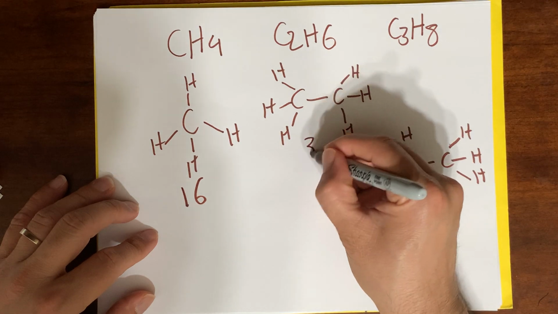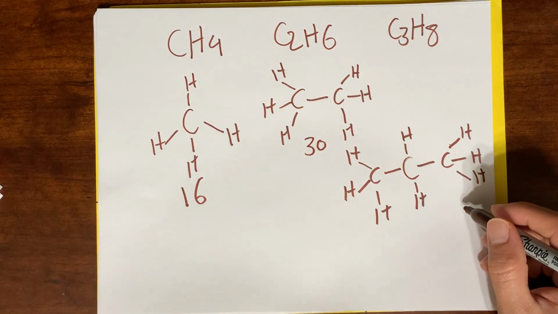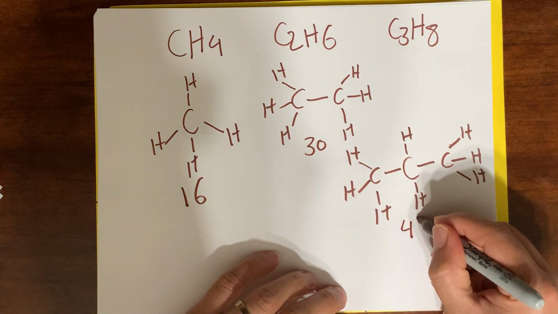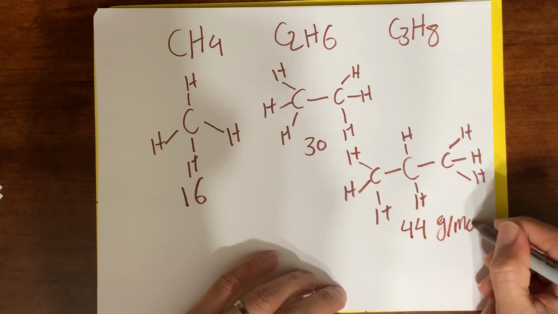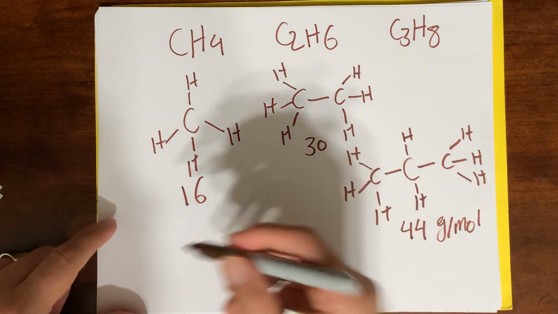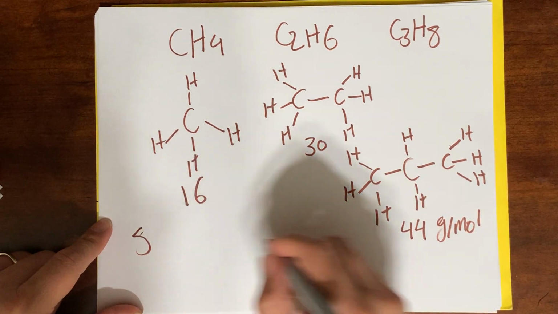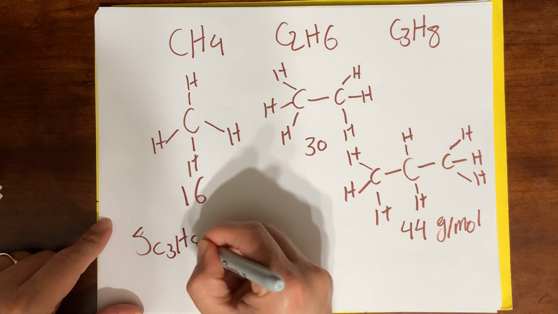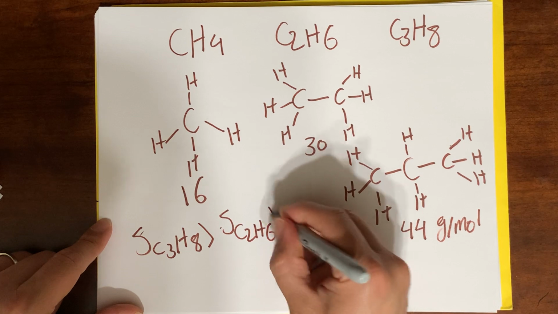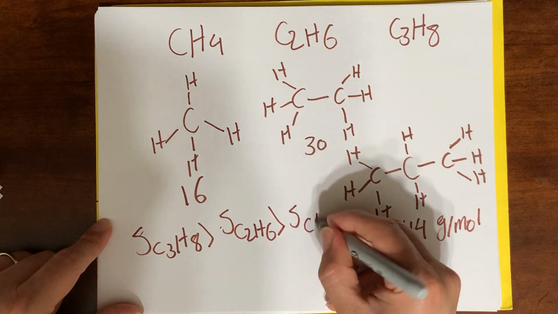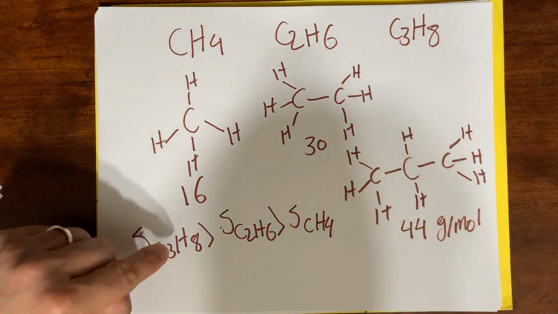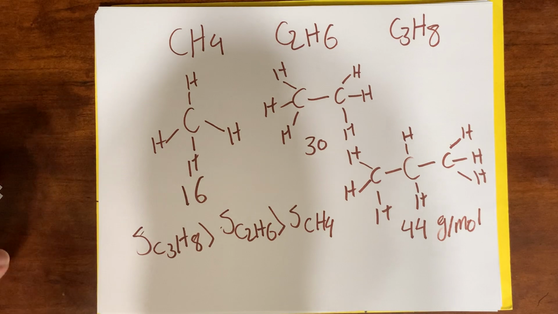This one around 30. And here we have 36 plus 8, 44, around 44 grams per mole. As we increase the molar mass, entropy is going to go up. So I'm going to say entropy of C3H8 is higher than entropy of C2H6, and that one is higher than entropy of CH4. Because molar mass of propane is the highest, it will have the highest entropy.